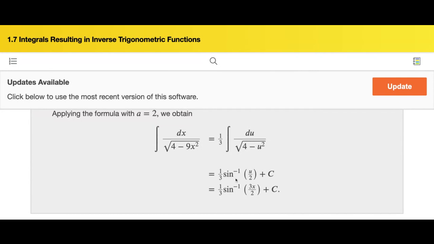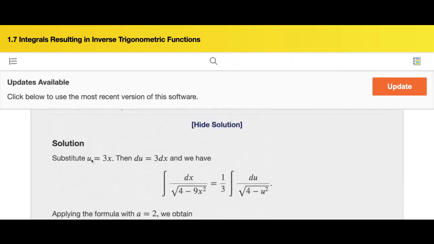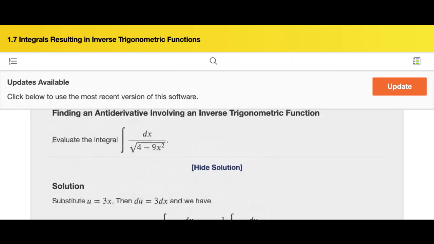So we get 1/3 of arc sine of u divided by 2, plus c. So we have 1/3 arc sine of 3x over 2 plus c. Why do we use 3x? Because 9x squared is (3x) squared. So that's our u. Any questions?